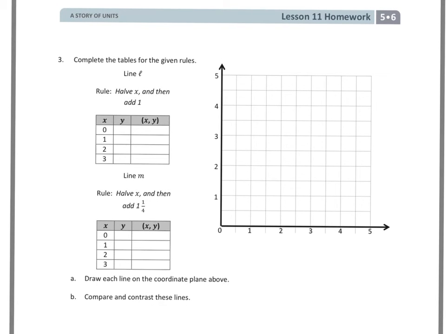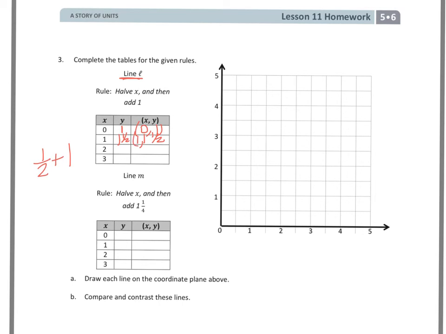So here's our rule. I'll do this one in red. This is L. Half x, then add 1. So I have to take half of x and then add 1 to it. Half of 0 is 0, and then add 1. So I have 0, 1. Now I have to take half of 1, and that's a half, plus 1 is 1 1/2.